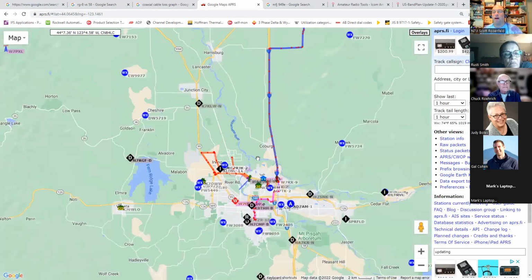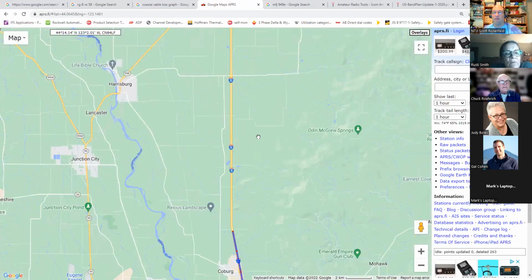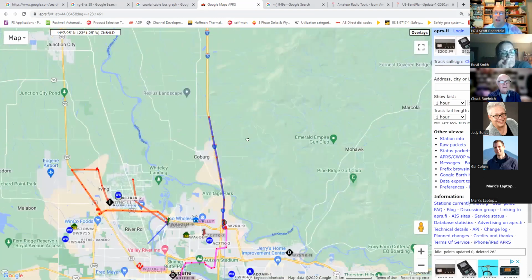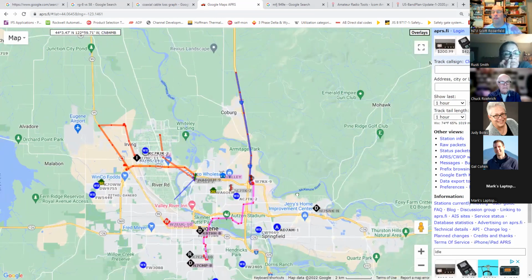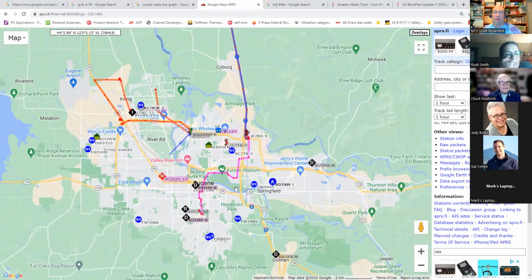Oh, look, there's somebody who went on a pretty long drive too. It's a way of combining radio with global information systems, and you can use this to track balloons as they fly, or model rockets. You can use it to figure out how fast something is going up or going down, because it's based on the global positioning system.